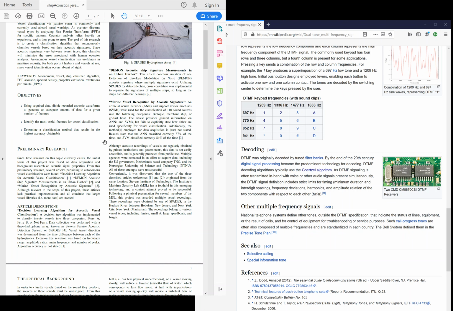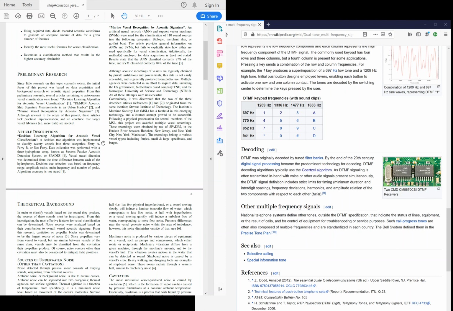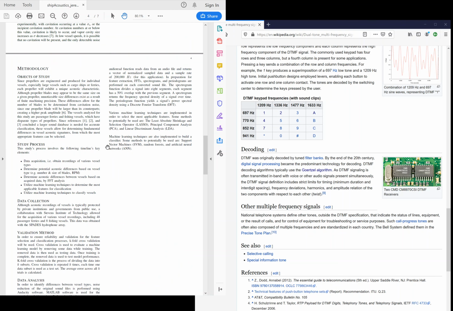And the idea was, could you determine which type of ship it was based on the noise it made in the water?